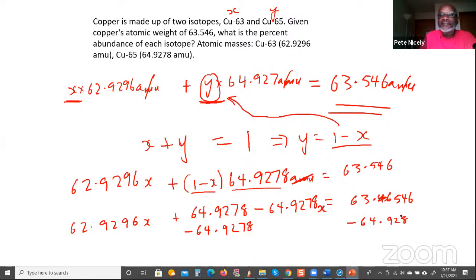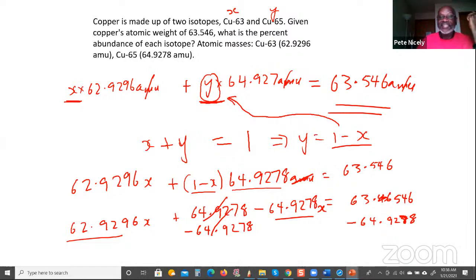All right. So this minus this gives you 0, so they'll cancel out. And what I'm going to do is subtract this number here from this with the x beside it. So let me do 62.9296 minus 64.9278.